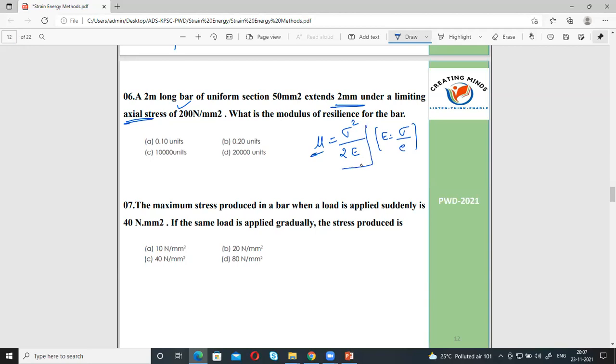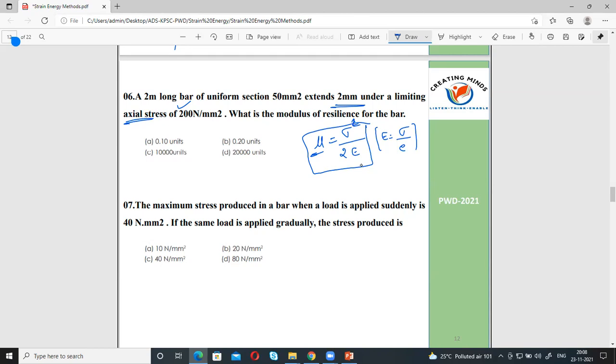They have given so many data. Try to get the answer. How much are we getting?